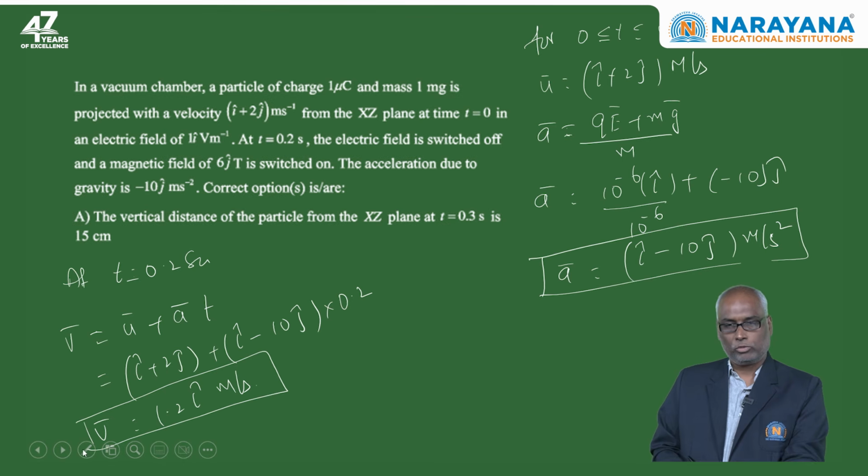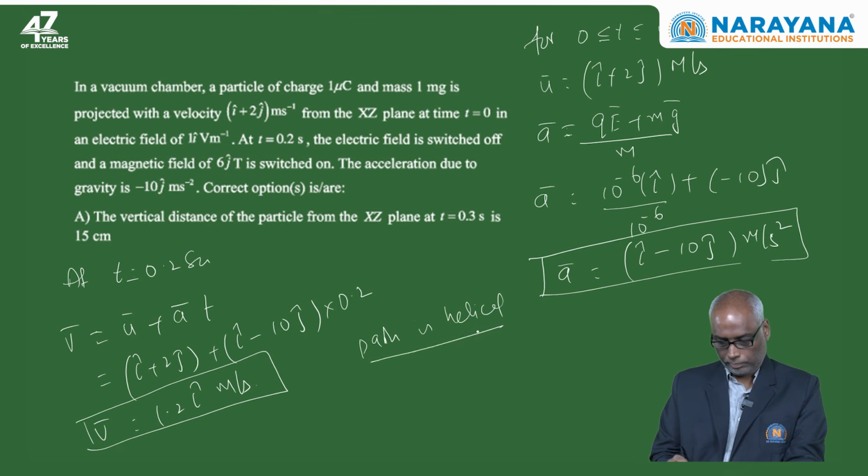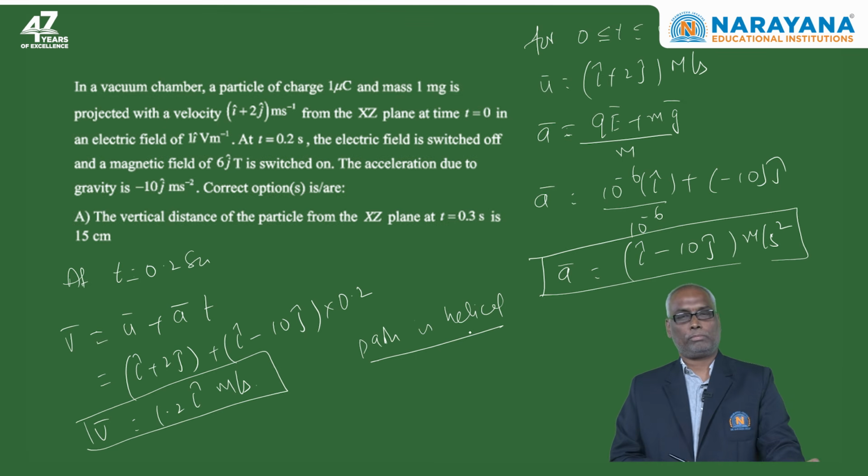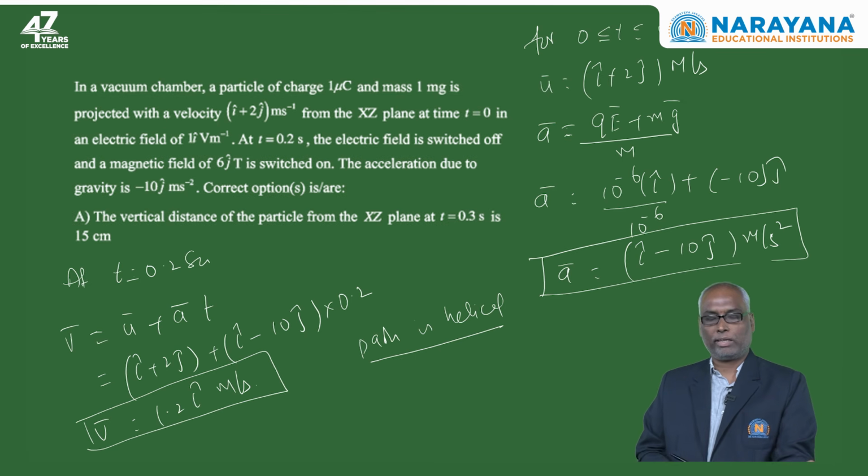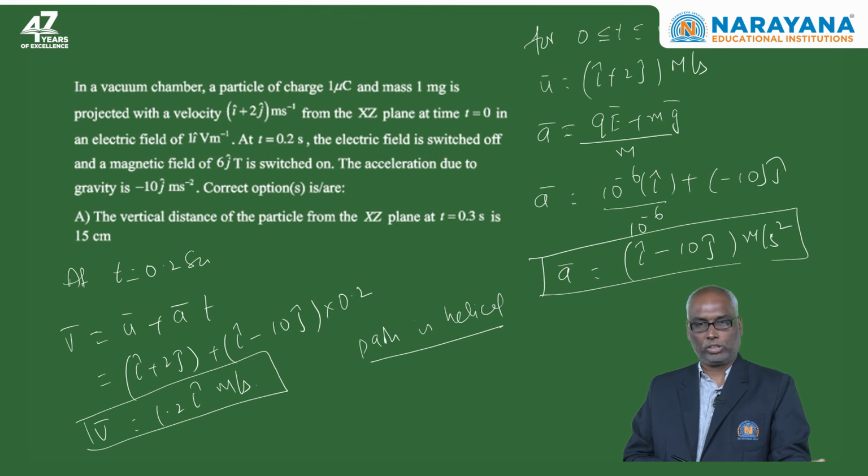So, the particle will be moving in the xz plane only due to the magnetic field, and due to the gravitational field it will be moving vertically downwards. So, the path is going to be a helical path. And then along the y-axis, the particle is moving only under the influence of gravitational force.